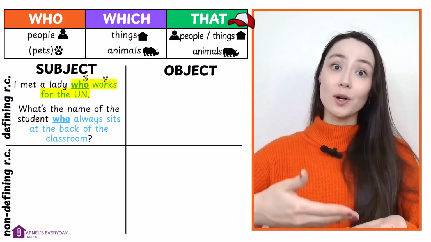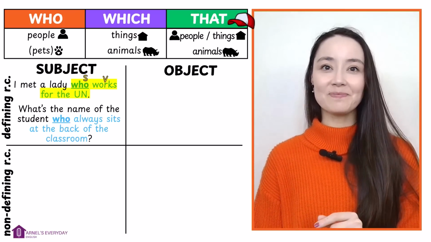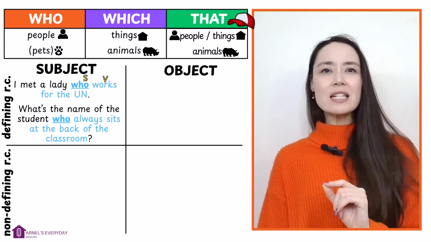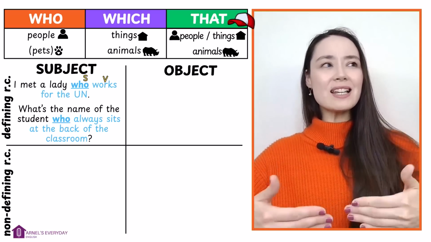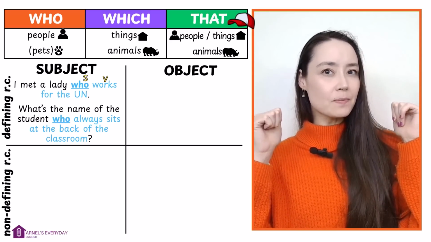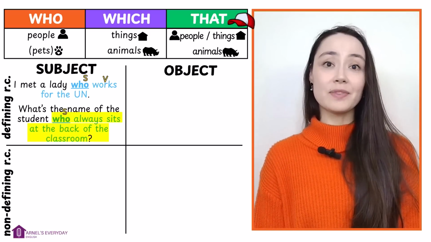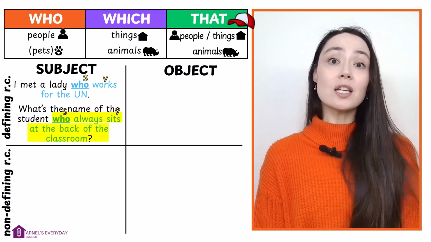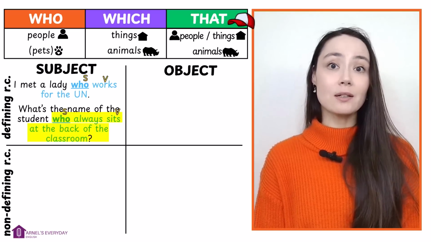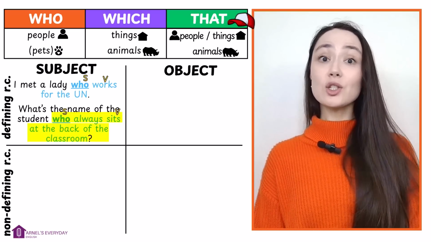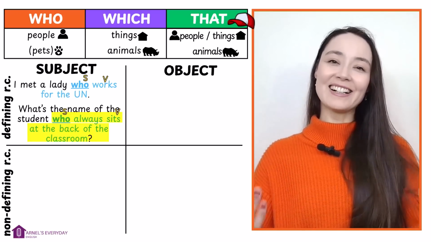The lady works for the UN. What's the name of the student who always sits at the back of the classroom? Relative clause, and subject, and verb. You can see who is the subject because it does the action. The student sits at the back of the classroom.